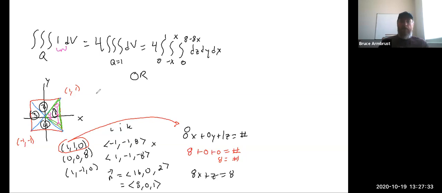So the other option then would be to do the integral over surface 1 plus the integral over surface 2 plus the integral over surface 3 plus the integral over surface 4.